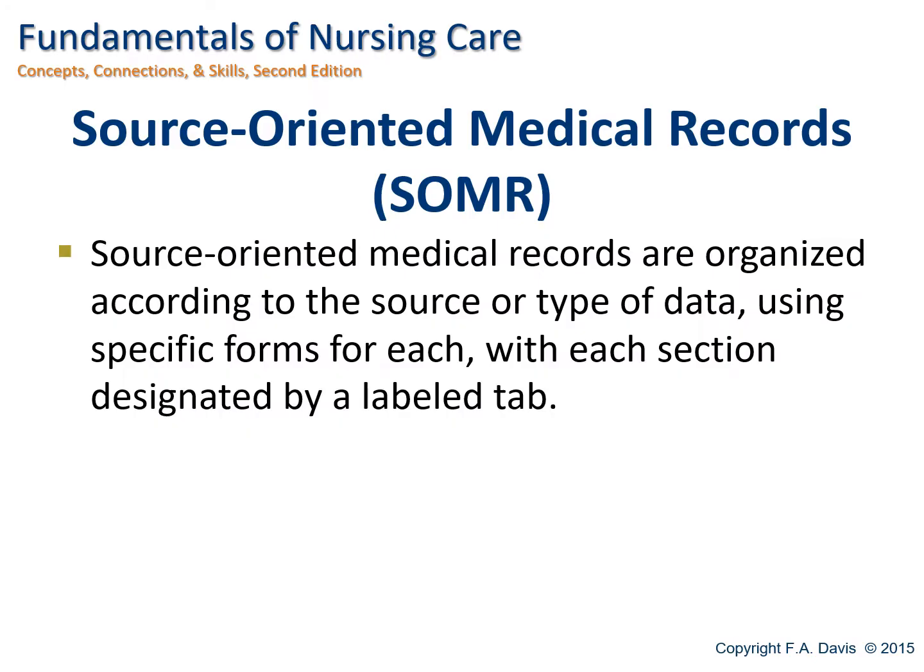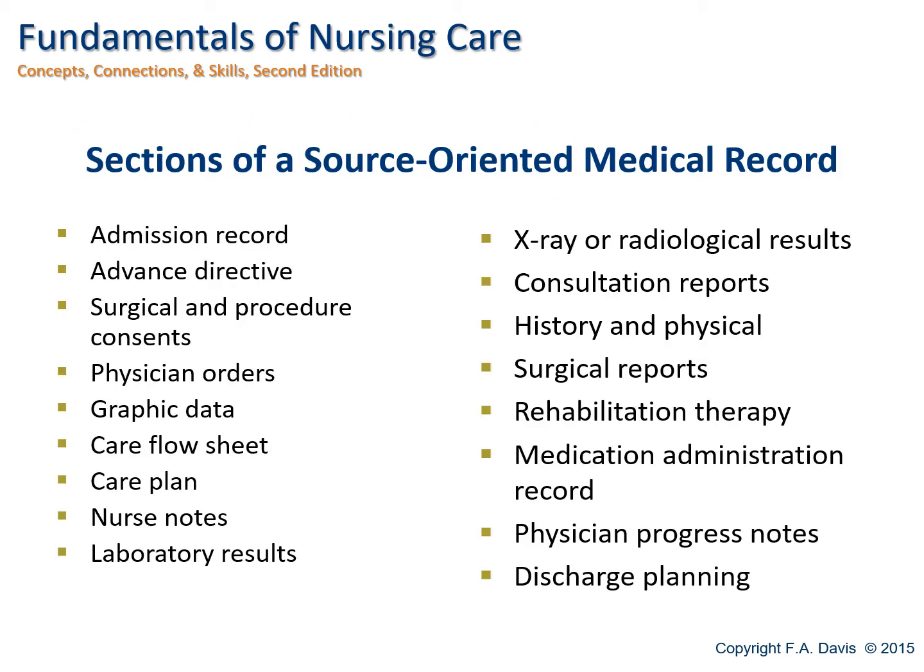A source-oriented medical record is organized according to the source or type of data. It's using specific forms for each, and it has different sections designated by a labeled tab, which we will talk about here in just a second. These are all the different sections of a source-oriented medical record.